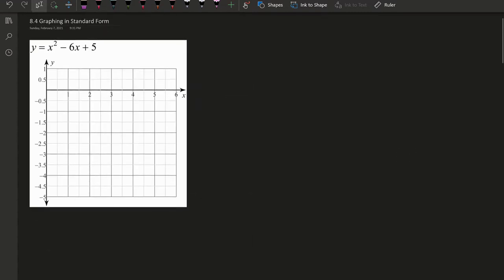Okay, so I want to graph this quadratic equation, and in this case I see a is 1, b is negative 6, and c is 5. So step 1 here is I want to find the axis of symmetry.